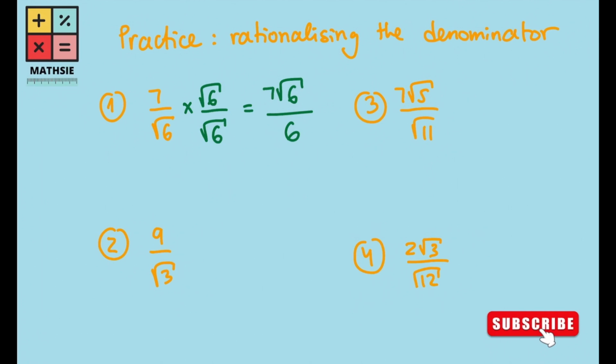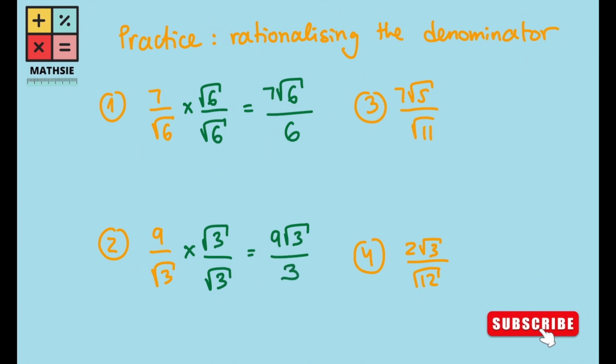Well done. On to the next one. We have 9 divided by square root of 3. In the denominator, we have square root of 3. So we know we need to multiply both the numerator and denominator by the square root of 3. Now what we have is 9 square root 3 divided by square root of 3 times square root of 3, which is just equal to 3.